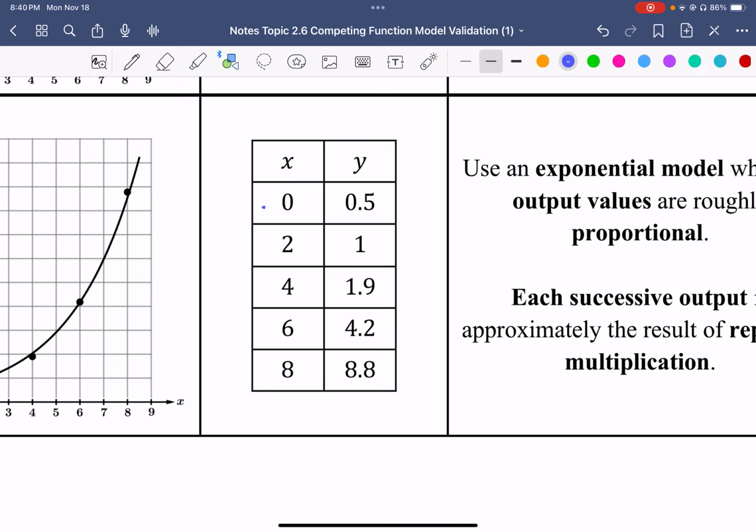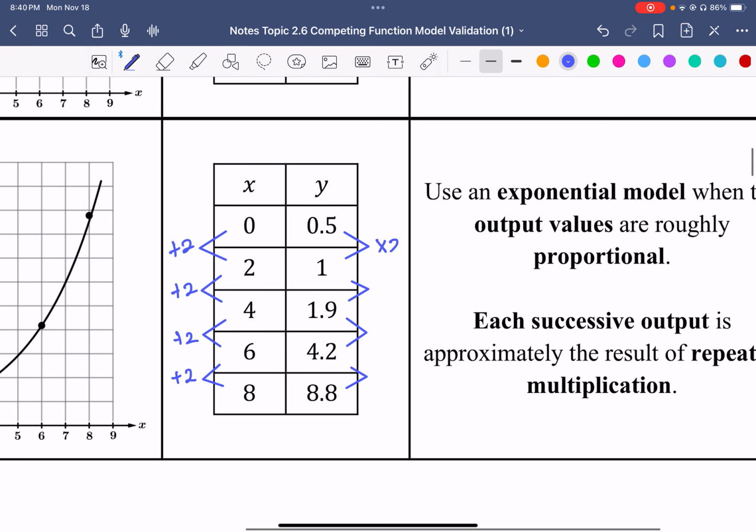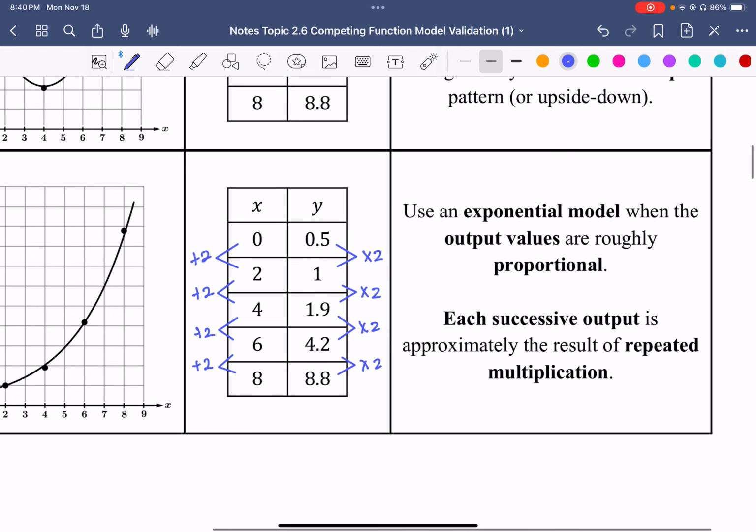And then these, you can see, while the values on x are always adding 2, roughly the y values are changing by multiplying 2. Now it's not perfect, this is an approximation. I'm going to put the word about here just so you're not confused. So it's about times 2.